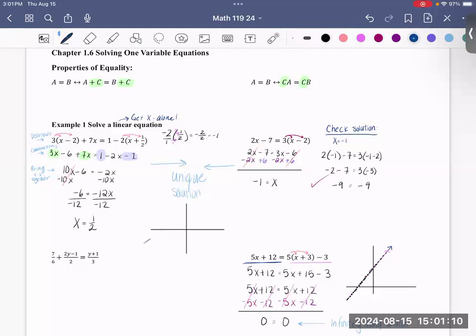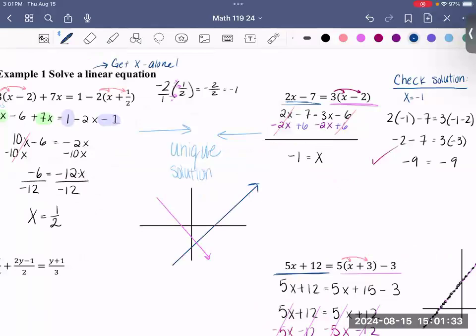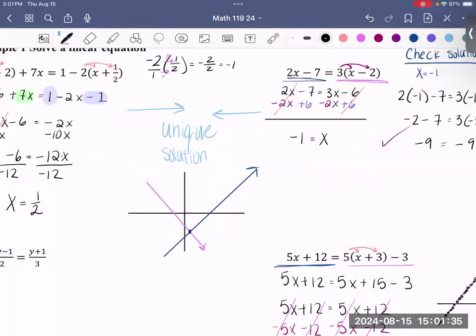So perhaps they intersect, let's say, down here. So that's one, and this one's another. Let's see, -1, -9. So something like this. So let's say this is one and that's another, right? So they're really intersecting at -1 and -9. So unique solutions are two intersecting lines.